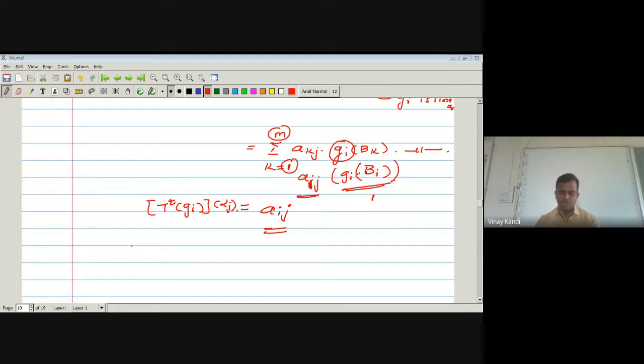Now substituting this value in equation 4. What is equation 4?